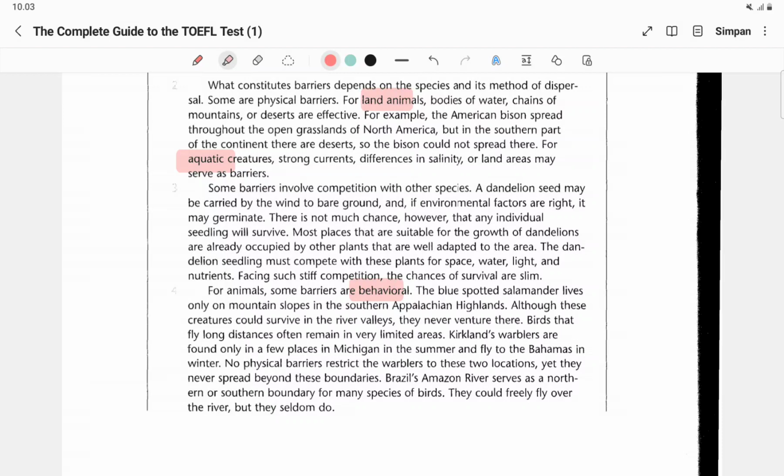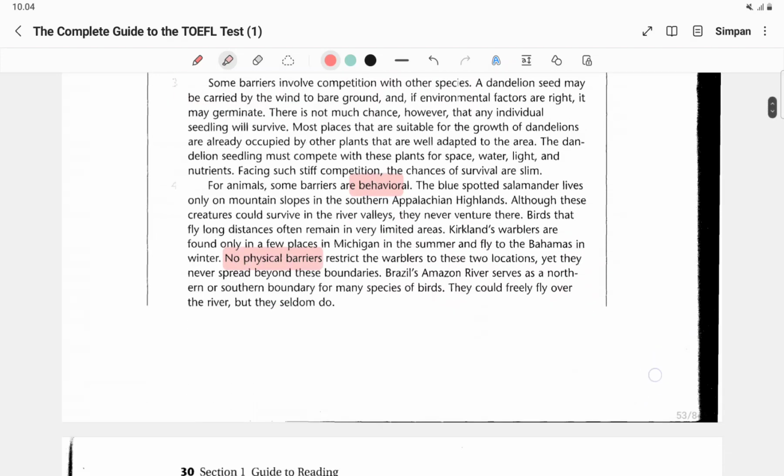Kirtland's warblers are found only in a few places in Michigan in the summer and fly to the Bahamas in the winter. No physical barriers restrict the warblers to these two locations, yet they never spread beyond these boundaries. Brazil's Amazon River serves as a northern or southern boundary for many species of birds. They could freely fly over the river, but they seldom do.